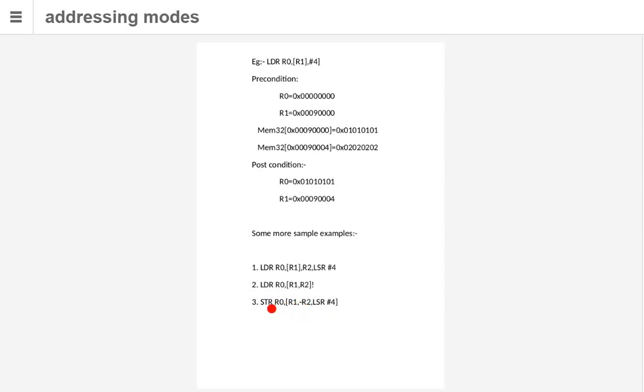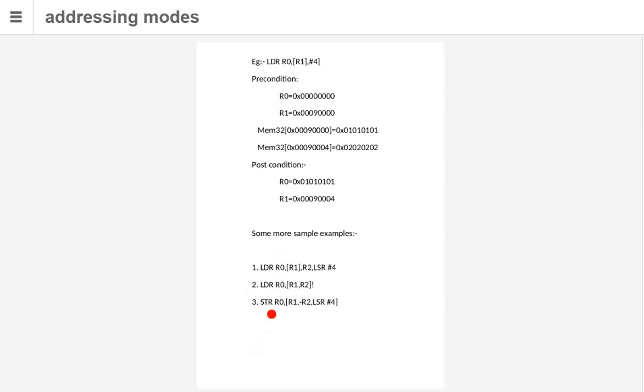That is where you are going to copy your R0 value to. So STR means you are going to save the content. The syntax of STR and LDR is the same. First you specify the register, second you specify the address. But the operation is different. In LDR, you copy the content from the address location to the register.